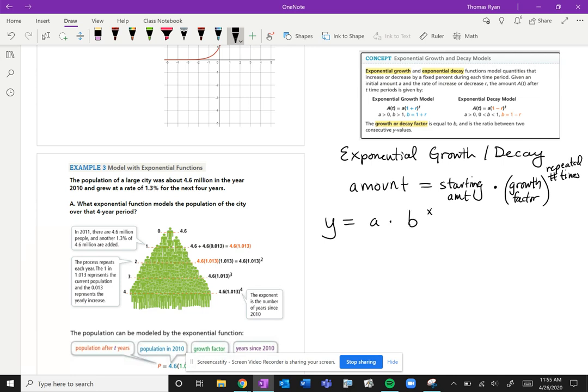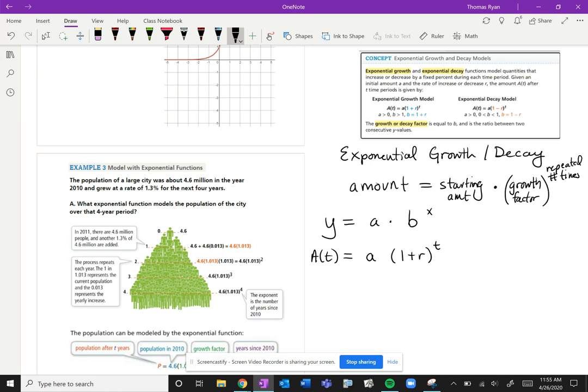And what I want you guys to look at now is that when we start modeling, we need to have a slightly different formula that more accurately reflects the things that we're doing. You will see this generally: A of t equals a times (1 plus r) to the t.